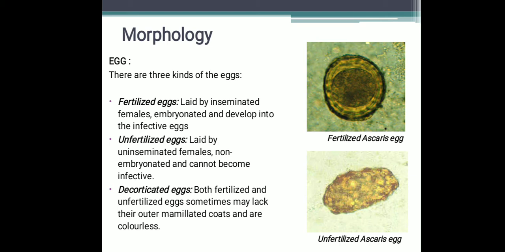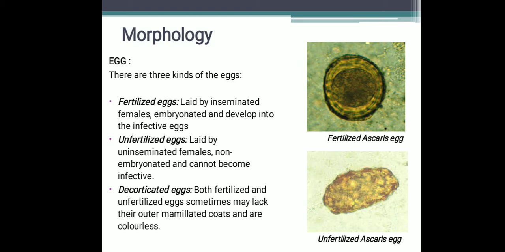The fertilized eggs are laid by inseminated females, and they are embryonated and develop into infective eggs. They are spherical or ovoid in shape, bile stained to golden brown color, and measure around 60 to 75 micrometers in length and 40 to 50 micrometers in breadth.